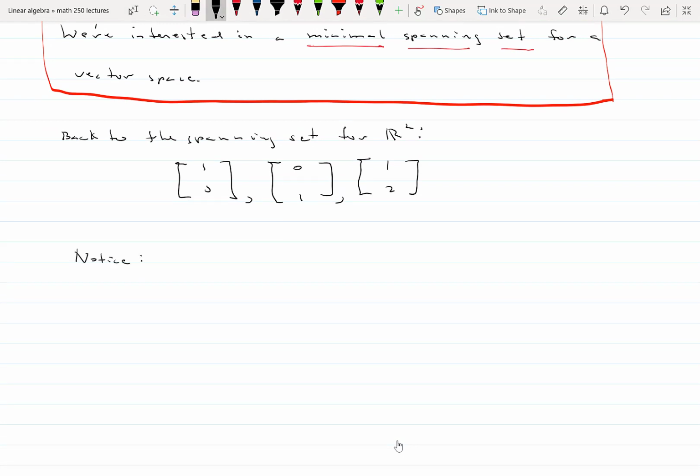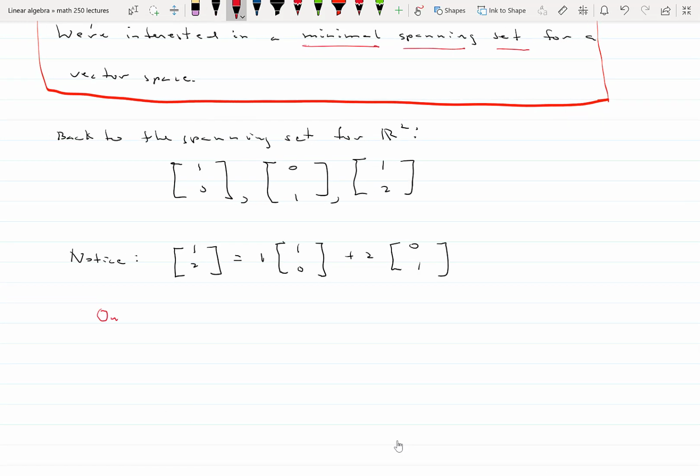Notice that that third vector, 1, 2, can be written as 1 times 1, 0 plus 2 times 0, 1. Now look at that very carefully. One vector is a, and I'm going to start abbreviating linear combination as LC, because we're going to be saying this really often.